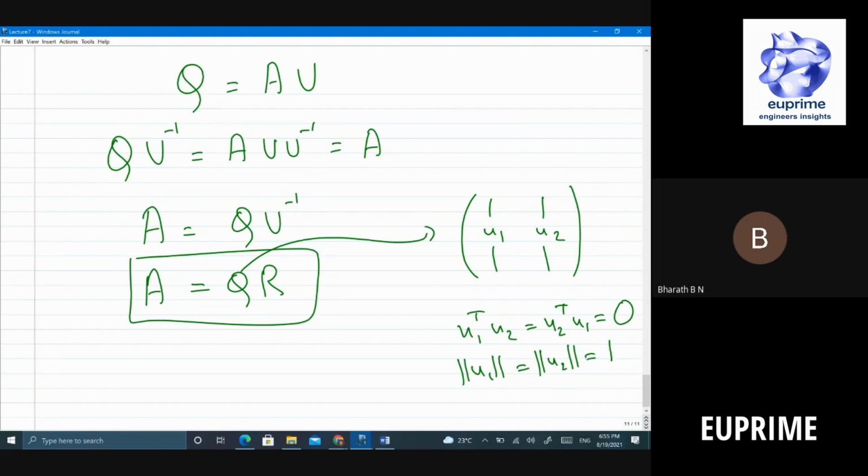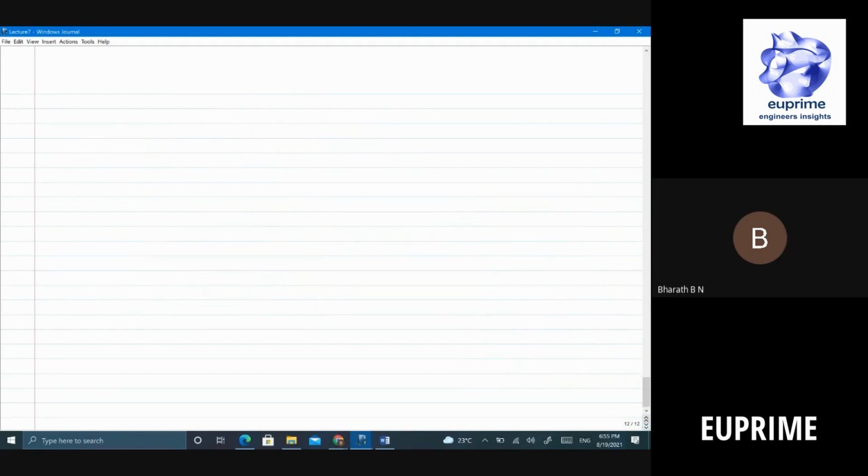So now if I take Q transpose Q, what do you get? Q transpose is what? U1 transpose this way, U2 transpose this way, times U1, U2, right?